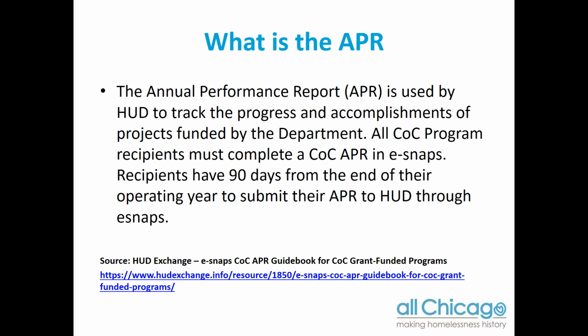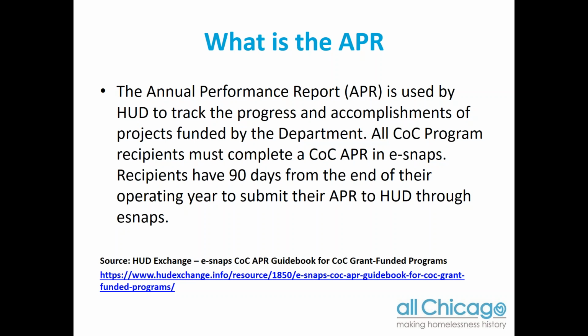You can see here that the expectation is that the results from HMIS are downloaded from our system based on the data that you've entered, and then you will use that to type the information into another system called eSNAPS. We do not support eSNAPS on the HMIS team. We support the data until it gets to the point where you have to download it from HMIS. After that, it's a different system that you would be putting it into, and eSNAPS is not one that our team supports.